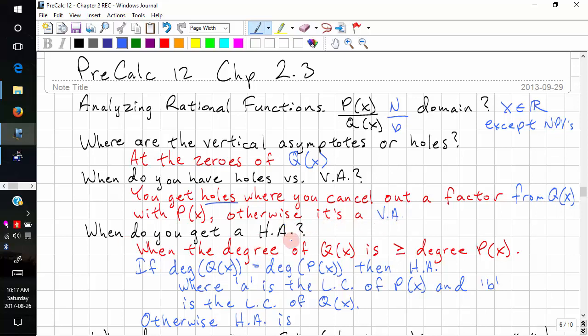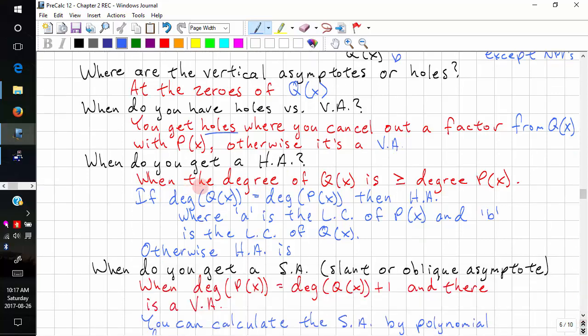Where do we get horizontal asymptotes? When the degree of Q of x is greater than or equal to P of x. So if the degrees of the numerator and denominator are equal, then we have a horizontal asymptote of y equals a over b, where a is the leading coefficient of the numerator and b is the leading coefficient of the denominator.